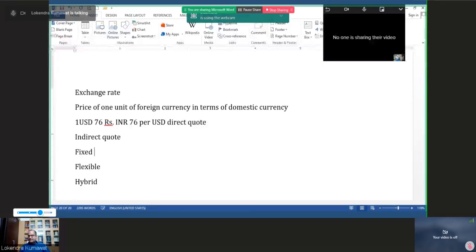In case of a fixed exchange rate regime, the central bank is committed to maintaining the parity value. So suppose, for the sake of example, the exchange rate of rupee against dollar is fixed at rupees 75. In that case, the central bank has to maintain that. How? Suppose there is excess demand for foreign currency. In the market, if there is excess demand for US dollars, the price of the dollar will tend to rise.